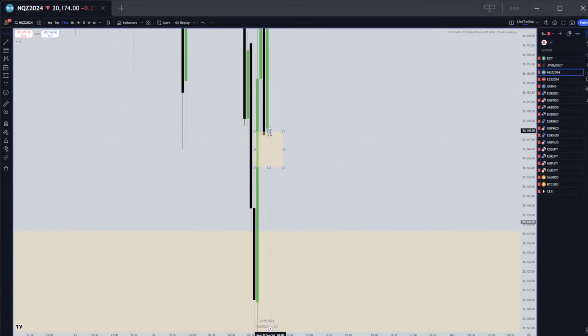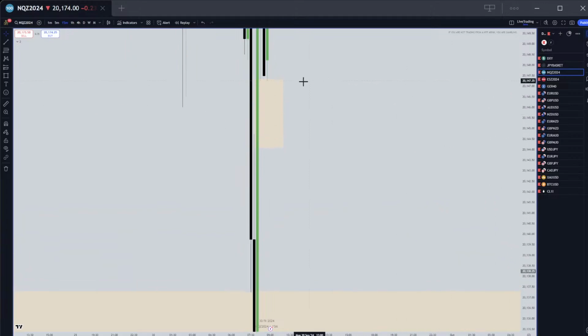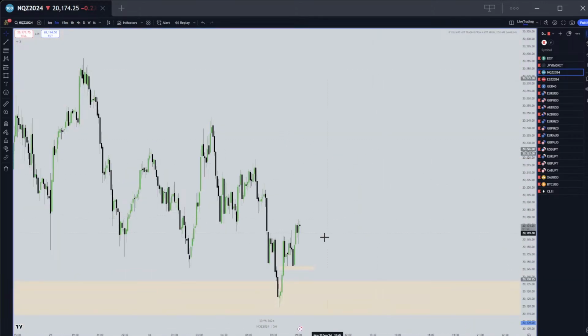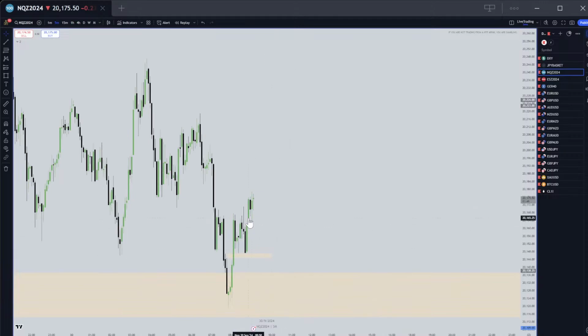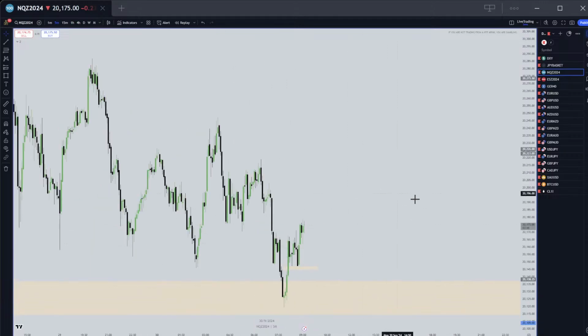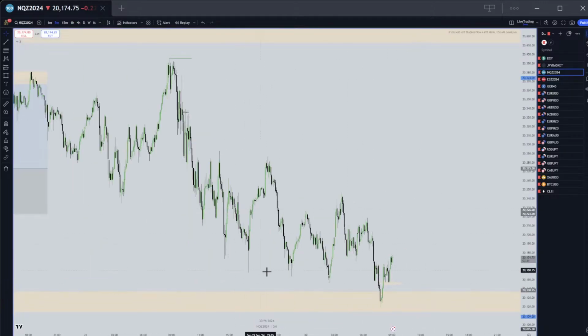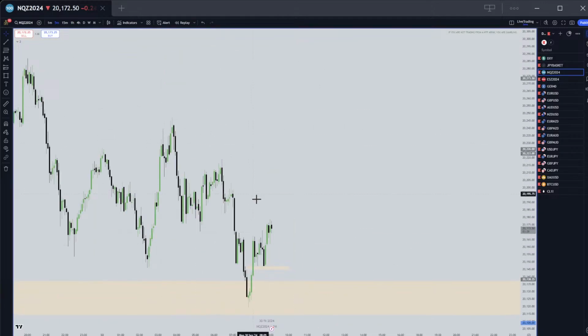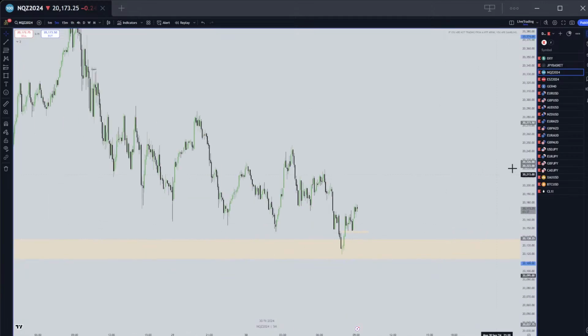Do we touch it? I think we do. I think we tap into it. Yeah, good enough. So it could mean that we're gonna see higher prices this session. Here as well, we took liquidity here. Aggressive sells, aggressive buys to the upside. So it could be that already a trade ID appears.